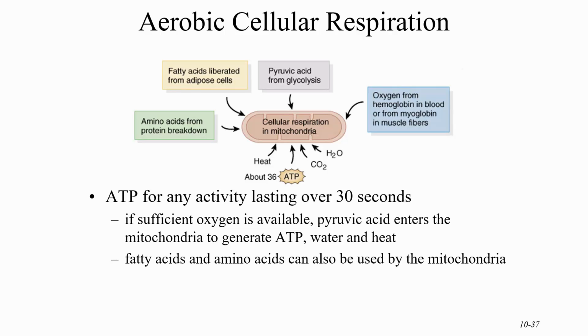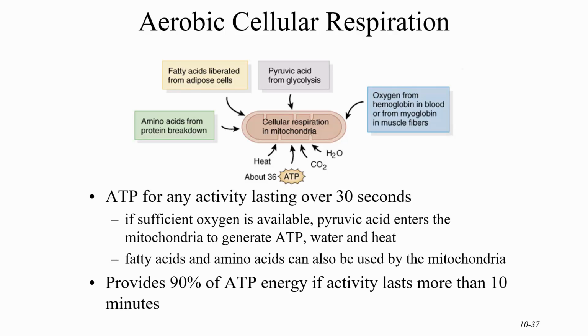This is why things like the keto diet work, because the amino acids and the fatty acids are used as an energy source. And it's going to provide 90% of the ATP energy if activity lasts more than 10 minutes. Okay. So let's talk about this a little bit. And again, this is very, very basic.